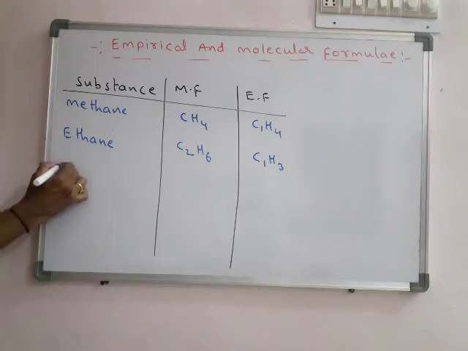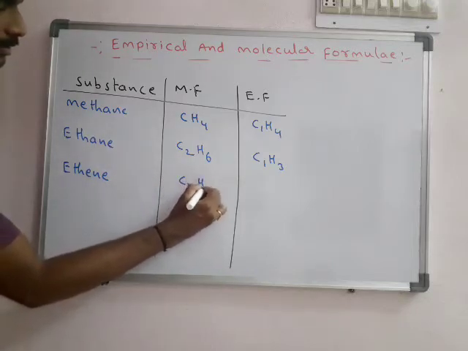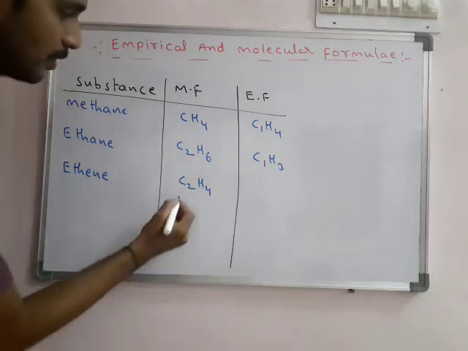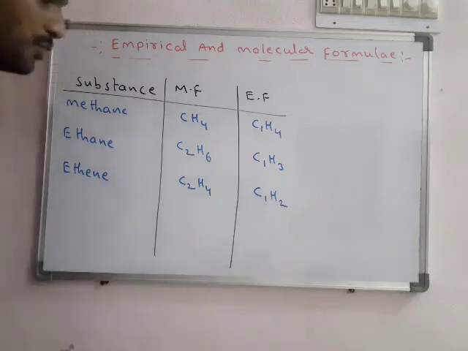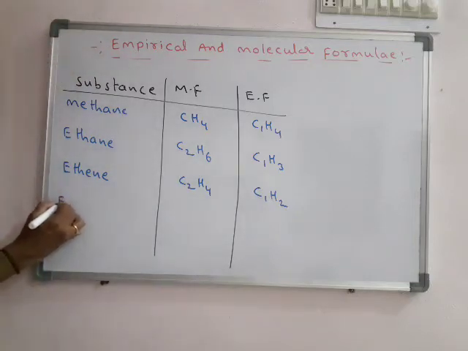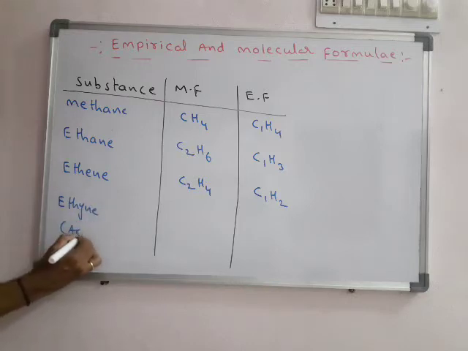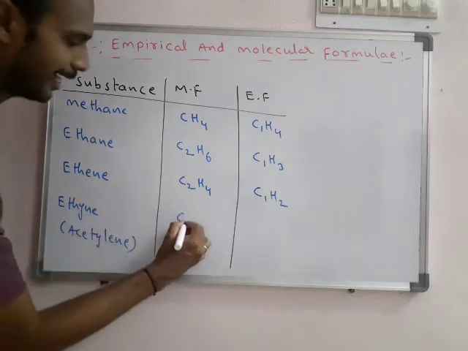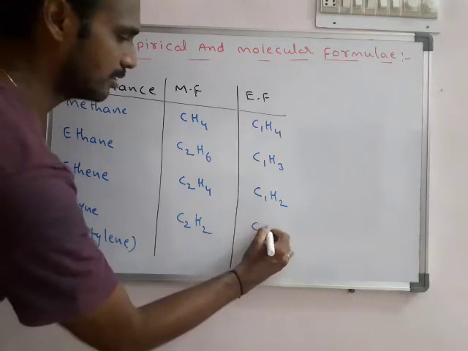Next, ethene, also known as ethylene, C2H4. Taking the ratio, C1H2. Next, ethine, also known as acetylene. Ethine is C2H2. What is the ratio? C1H1.